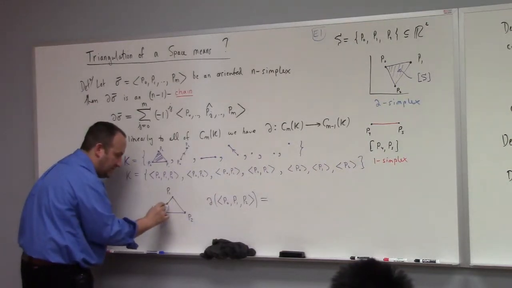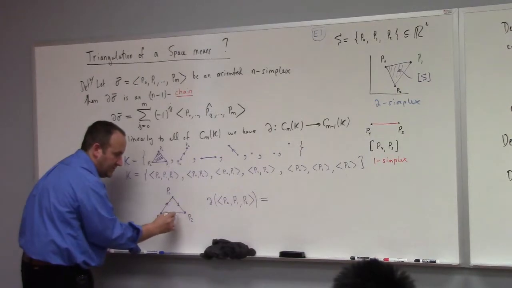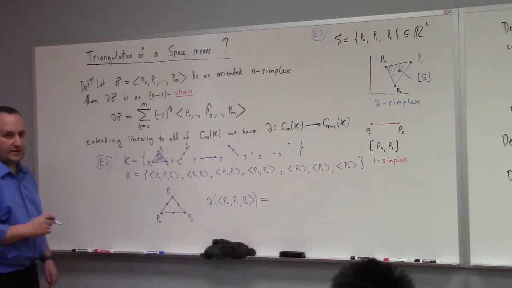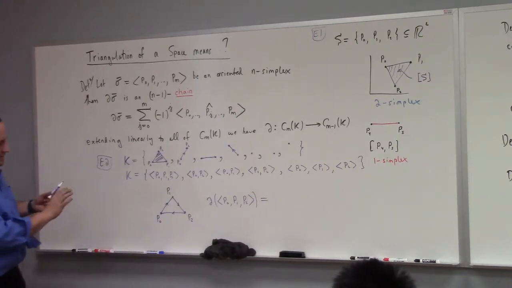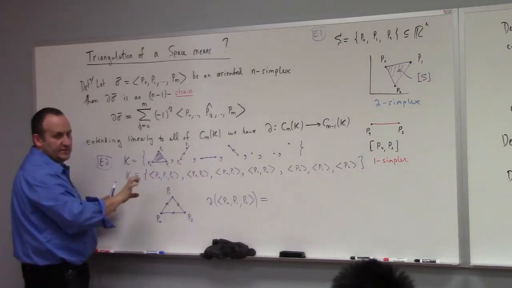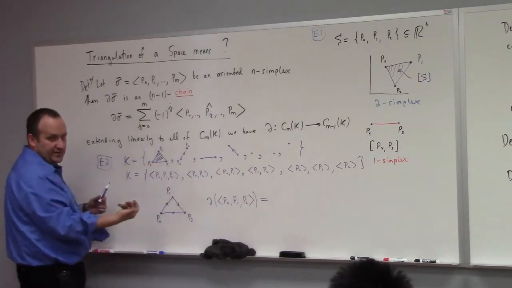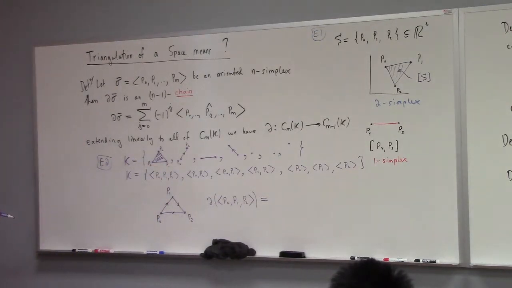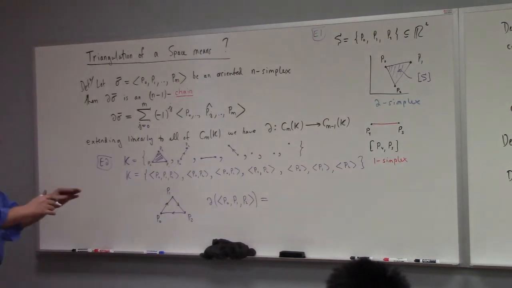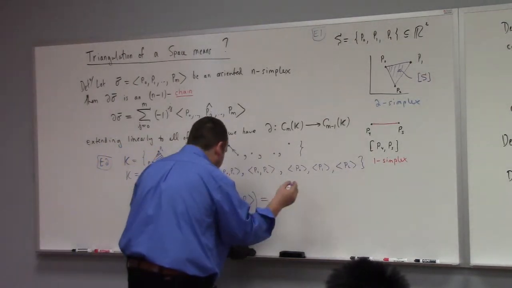P0, P1, P1, P2, P2, P0. That's what I see there. That's actually the clockwise orientation of that triangle. That actually would not be the standard orientation that we typically would give a subset of the plane if we were going to do Green's theorem and stuff, right? But anyway, just to illustrate the definition, that's fine.